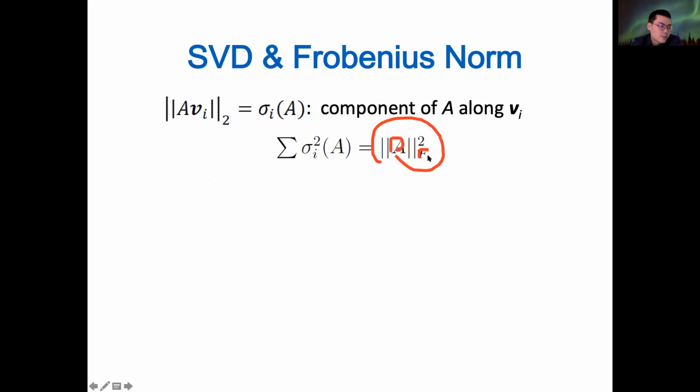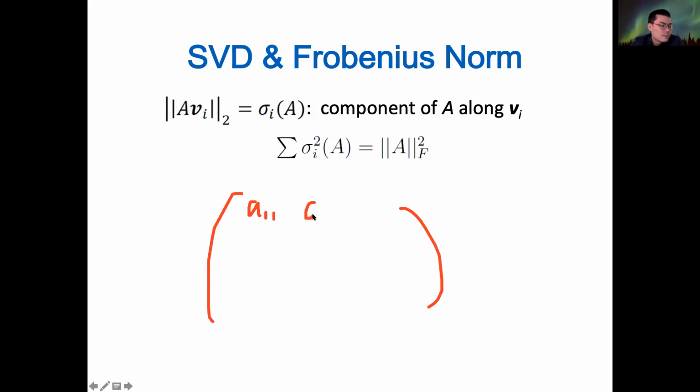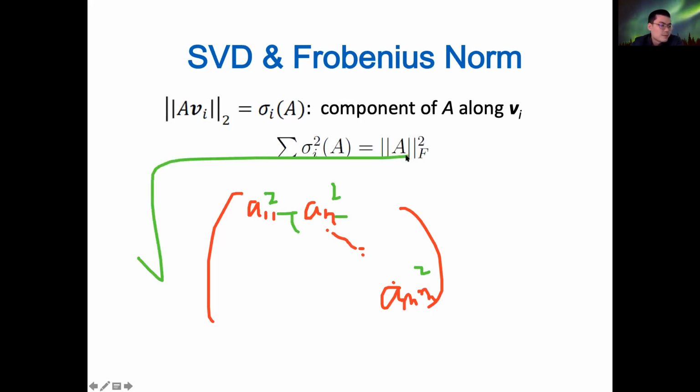What is the Frobenius norm? If you have a matrix with entries A11, A12, all the way to ANN, the Frobenius norm takes every element squared, sums them up, and then takes a square root.